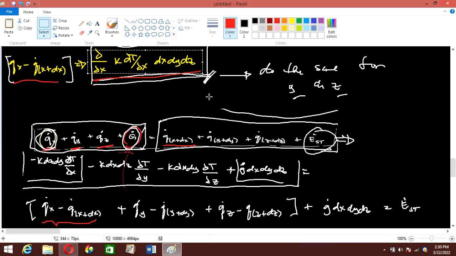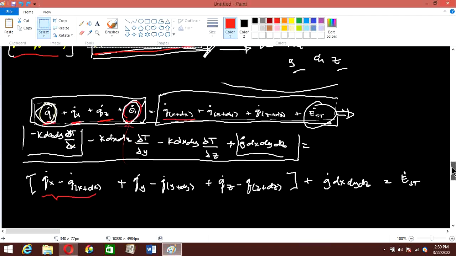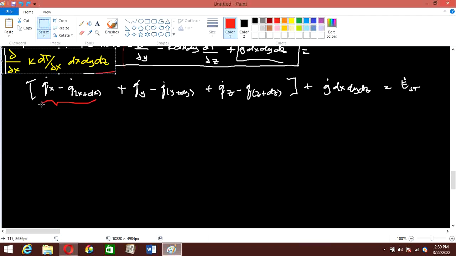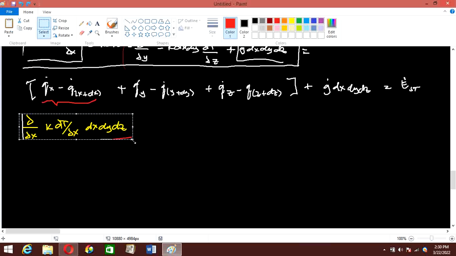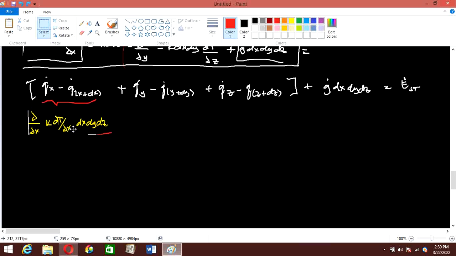Okay. So doing the same thing, we can now have the same principle on this part, the y direction.